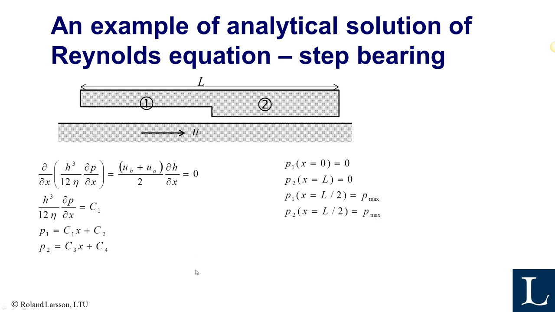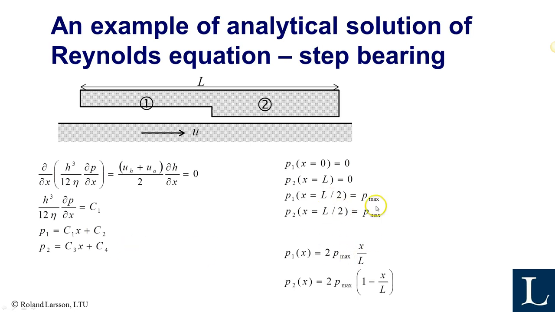In order to determine the 4 constants, you need 4 boundary conditions, and a proper boundary condition here is that the pressure is 0. Another is that the pressure is 0 here too, and right here at the step the pressure must be the same if you move just a few micrometers to the left or a few micrometers to the right. That means that both P1 and P2 must be the same at this position, and let's call that pressure P max, because you will see later it is actually the maximum pressure.